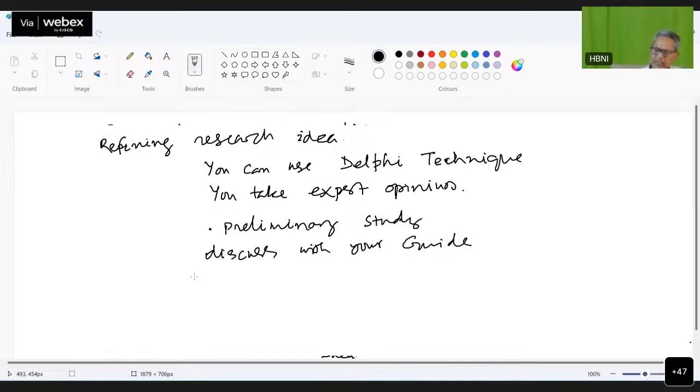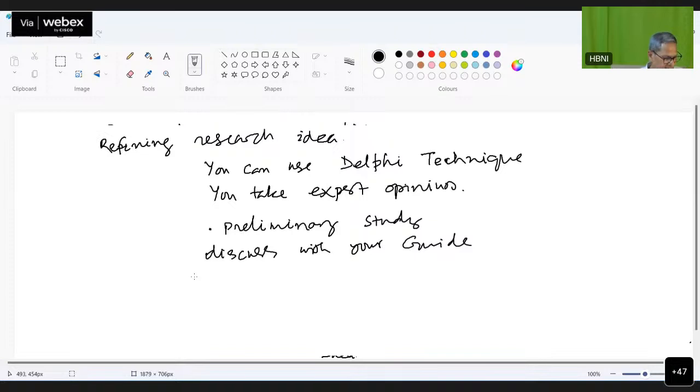So the Delphi technique means basically you talk to experts, or you do a preliminary study, or discuss with your guide, and whoever you feel you can discuss with, and you can refine your research idea. Now all these things will help you in refining the research topic. So first you have identified a topic, then you have generated a research idea, and also you have refined it.